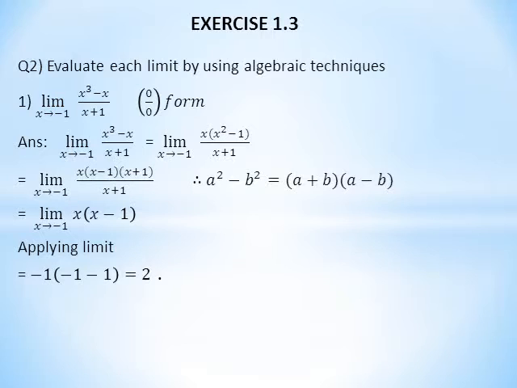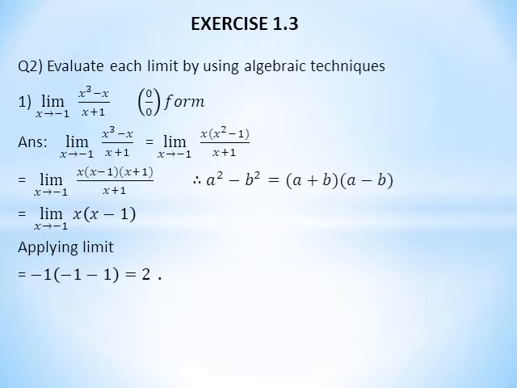Like in question number 1, if we put limit x tends to minus 1 of (x cube minus x) upon (x plus 1), we put minus 1 in place of x. Minus 1 cube is minus 1, minus minus is plus 1, so minus 1 plus 1 is 0, and in the denominator minus 1 plus 1 is 0.